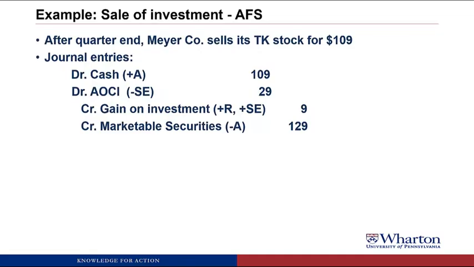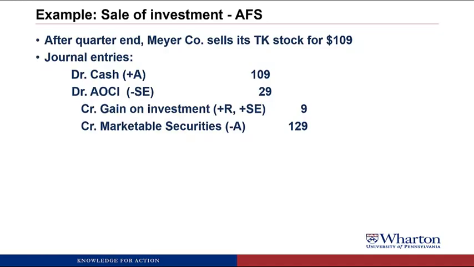And remember, for available for sale securities, the gain that we book on the income statement, this 9, represents the difference between the sales price of 109 and the original purchase price of 100. And we show that realized gain on the income statement now because AOCI took care of all the unrealized gains, stored them up during the interim period.